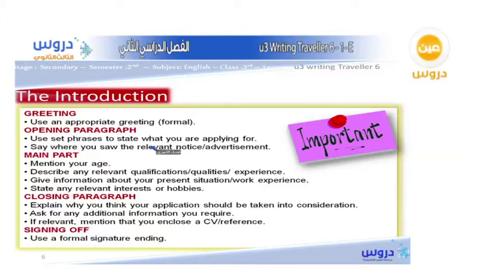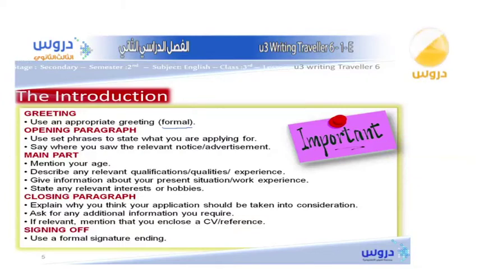So greeting, we have two types of greeting. We have the formal way and we have the informal way of greeting. Can you give me an example of a formal greeting when you want to start, let's say, an application or email or even a letter?